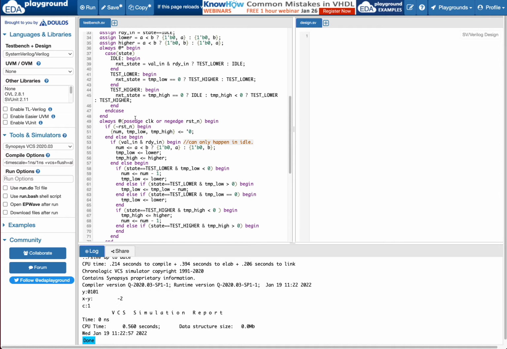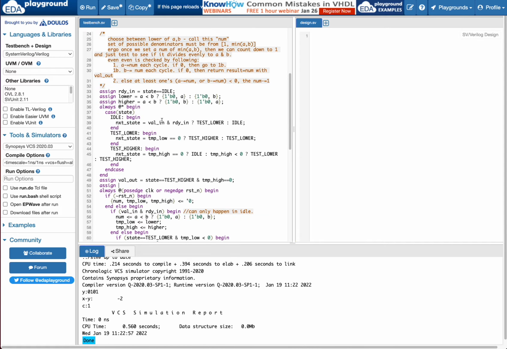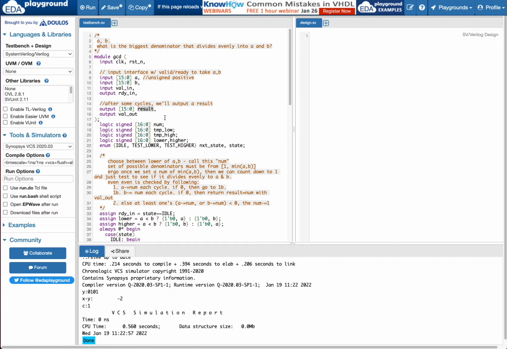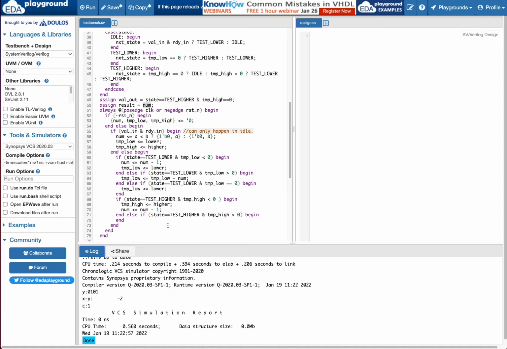And while we're here, we could just say assign val out equals 0. So if this is true, then that means this particular num is working out. And then therefore we could just qualify val out here. And then if it's bigger than 0, then it's the same case as here.